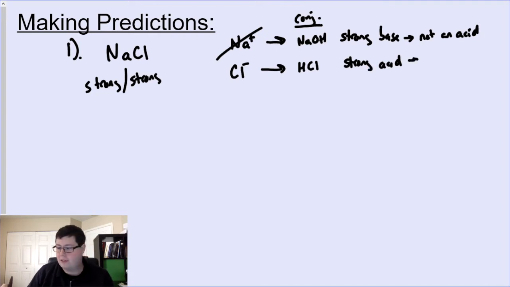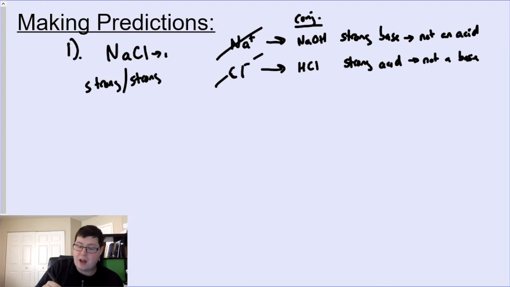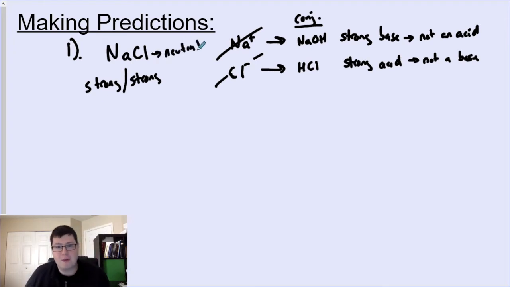Similarly, the strong acid is going to produce a conjugate that's so weak that it's not really a base. And so we can predict that the Cl minus is also not going to play a role here, and thus we can predict NaCl would be neutral, which indeed fits with our confirmation. We know that salt is a neutral ion in solution. So anytime you have strong paired with strong, we're going to see a neutral solution for our NaCl.